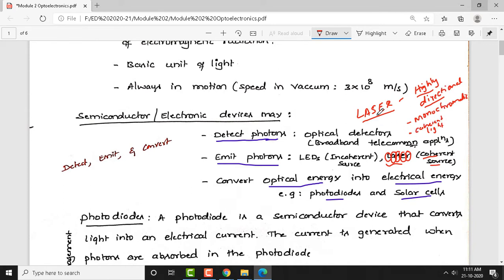Those, the laser and the LEDs, are typical applications which emit photons. The last one, as I told you, is solar cells, the best example. Solar cells convert absorbed optical energy into useful electrical power. You might have seen solar panels on rooftops.